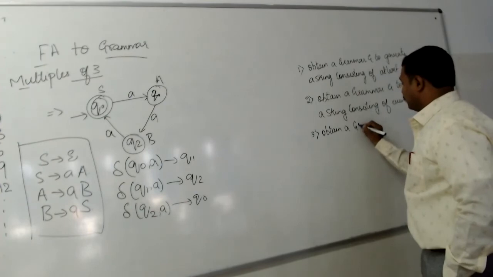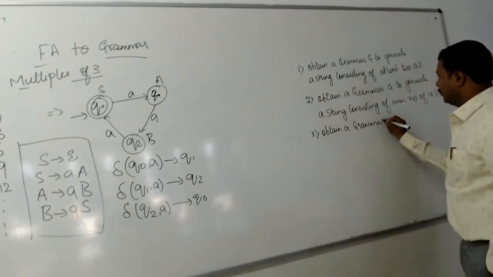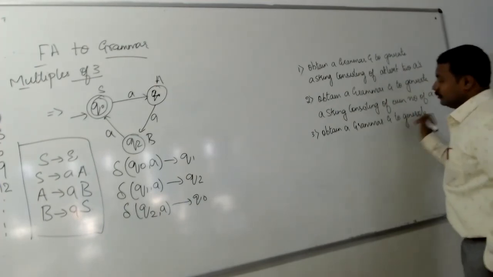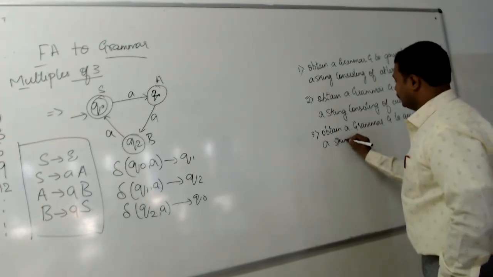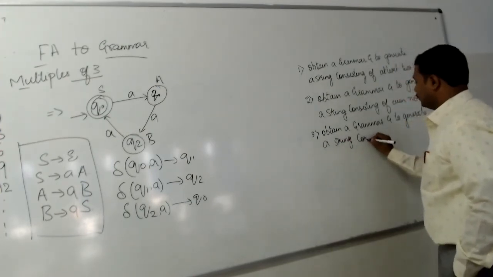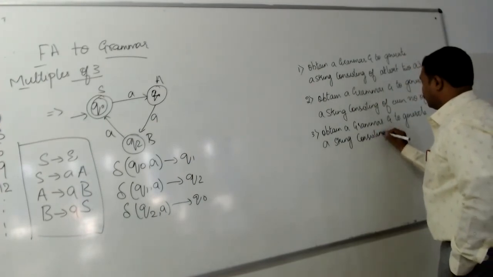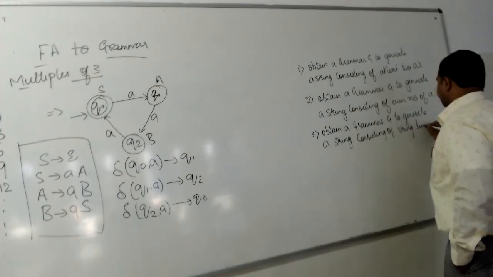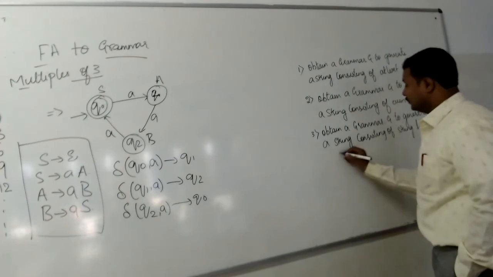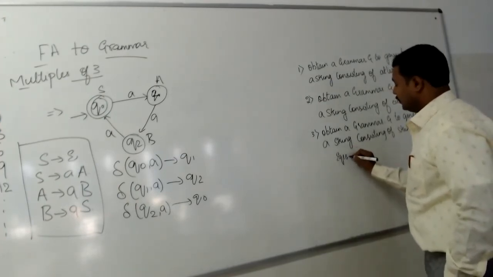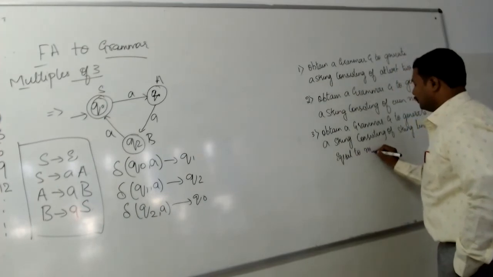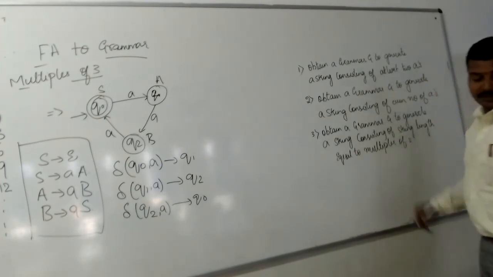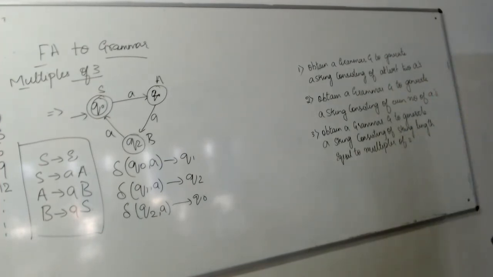Obtain a grammar G to generate a string consisting of string length equal to multiples of 3. String length equal to multiples of 3.